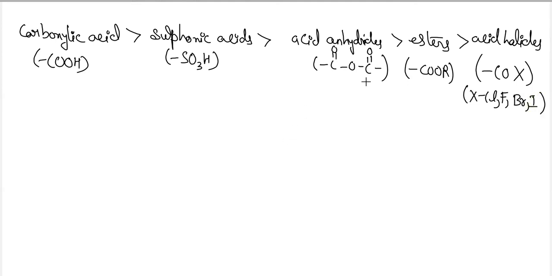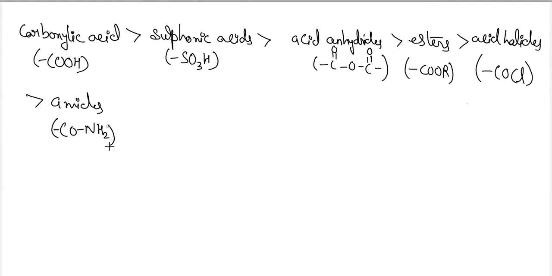Then next, oh sorry, here it will not be X, it will be chlorine only. Okay, acid halides are generally chlorides only, COCl. Then next, amides will be there, that is CONH2. Then next, nitriles will be there, that is C≡N, or cyanides, they are also termed as cyanides.